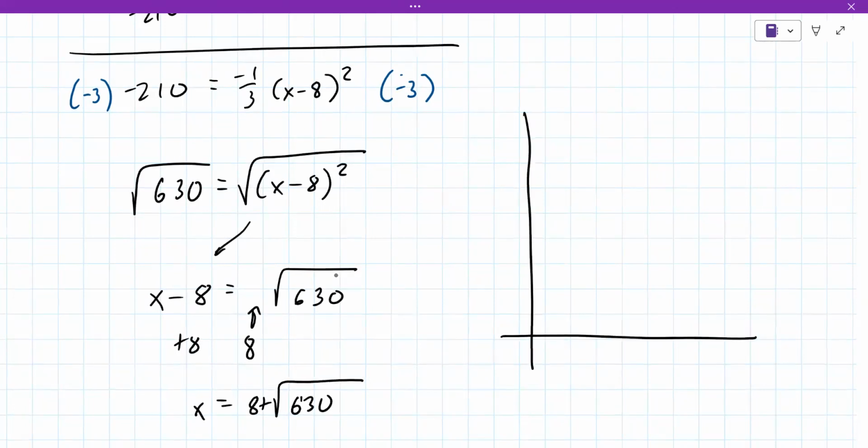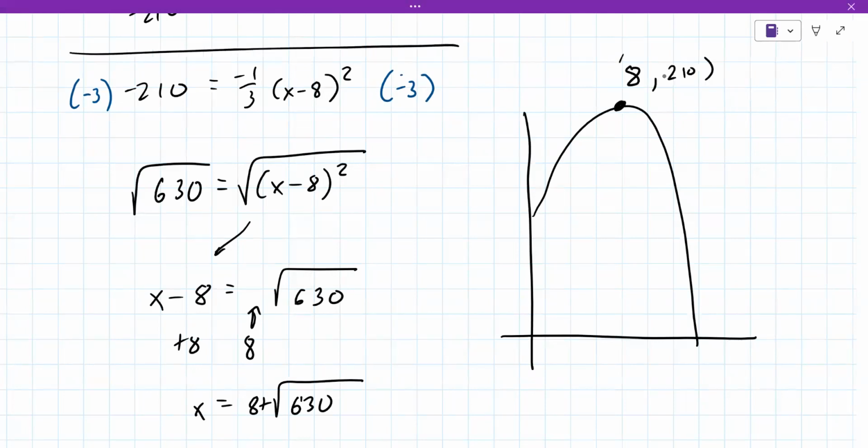Got it. So here's what we have so far. We have that 8 minutes into the journey, the alien reaches a max height of 210 miles. And we know that it started at 0,189. That was one of the points you calculated, and then it comes back to Earth, or wherever it's going, planet X, at 8 plus square root of 630.